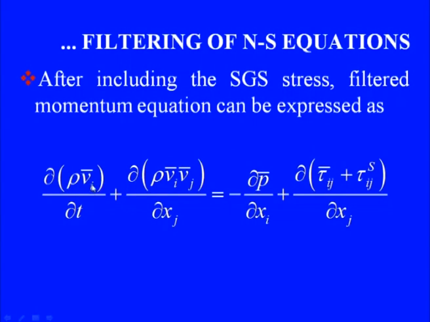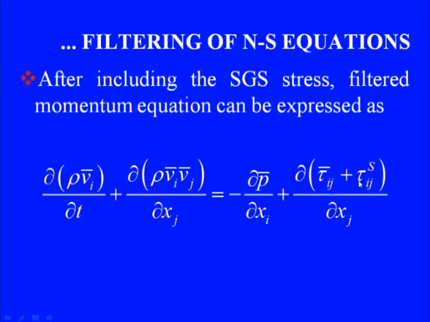Now let us substitute this τij s in our filtered equation and rearrange the terms. ∂(ρVi bar)/∂t plus the next one is the convective transport term, ∂/∂xj of ρVi bar Vj bar, is equal to minus ∂p bar/∂xi. So this represents the pressure gradient term, plus ∂/∂xj of (τij bar plus τij s).